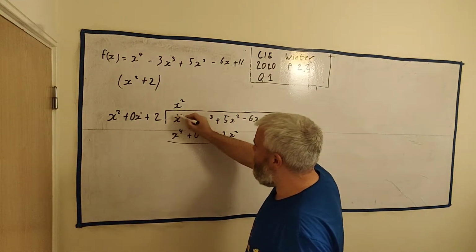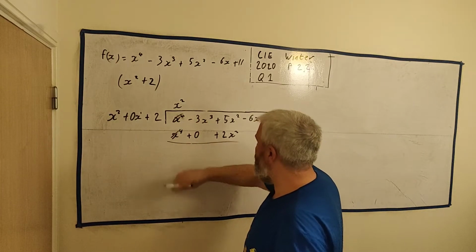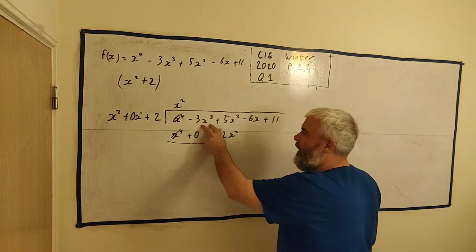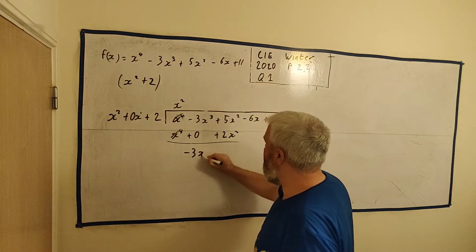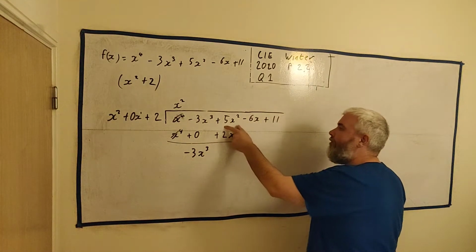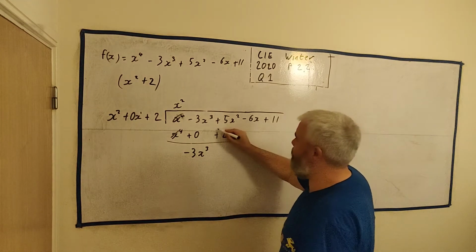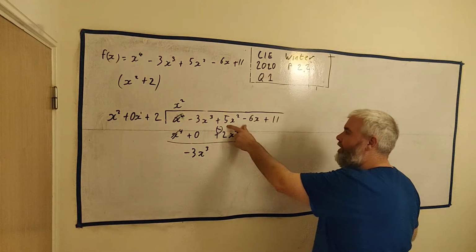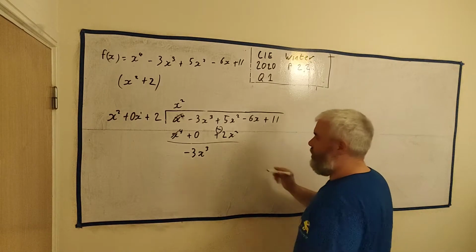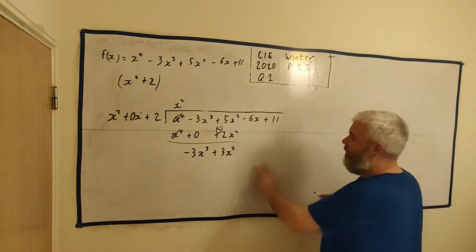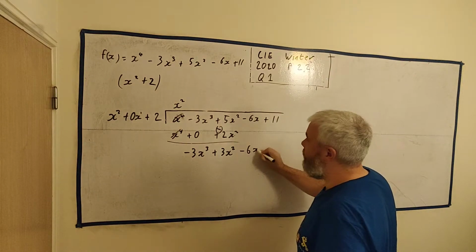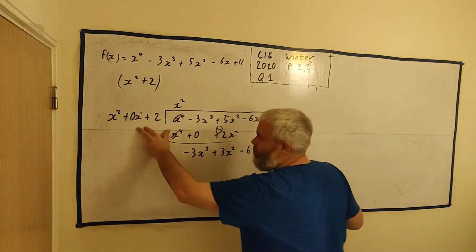We'll take them away. This minus this is 0, nothing. Minus 3x to the power of 3 minus 0 is still minus 3x to the power of 3. 5x squared minus 2x squared is 3x squared. And let's take down the next term, the minus 6x.